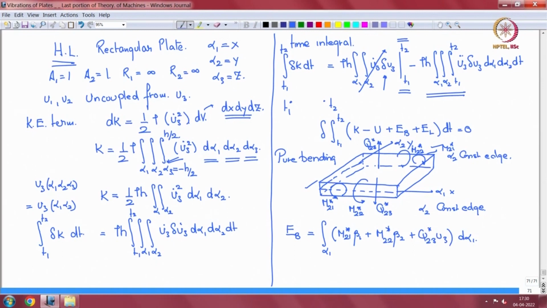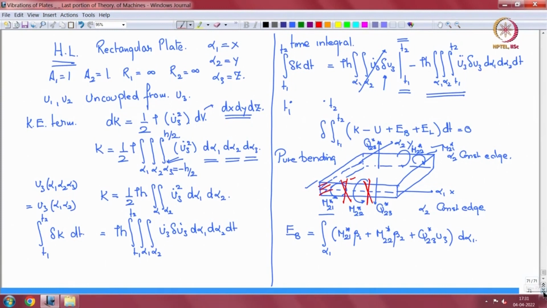M21 is related to this rotation in the plane of that surface, that is beta 1. Whereas M22 is also related to a rotation, but this is out of plane. Difficult to draw, but it is out of plane, whereas this is in the plane of this surface.